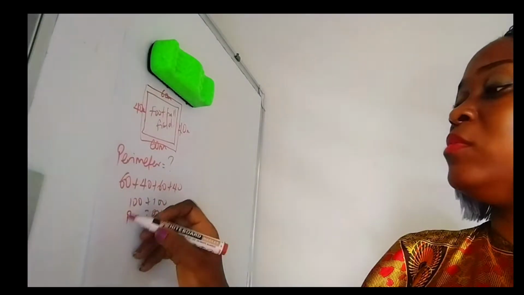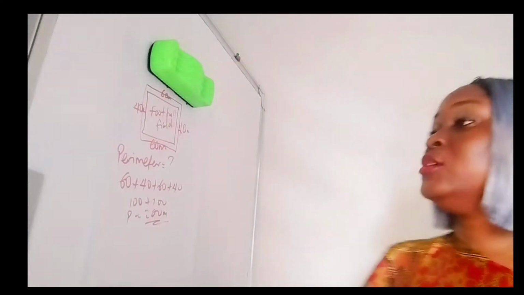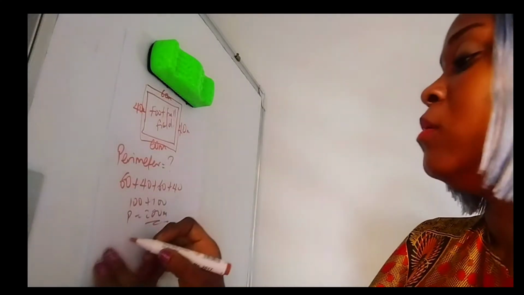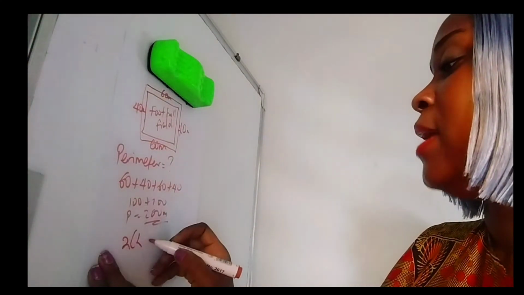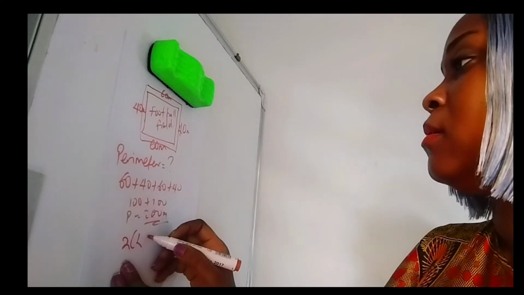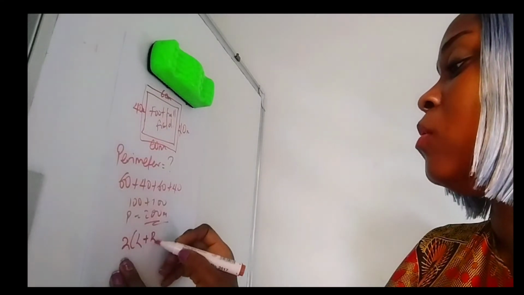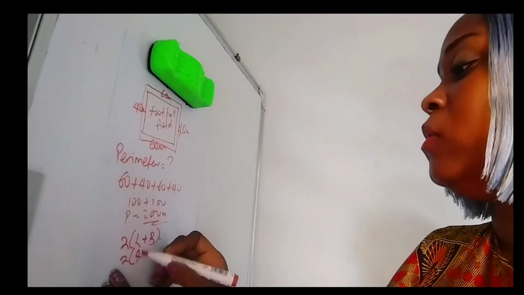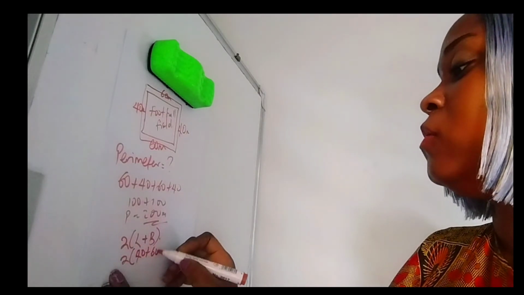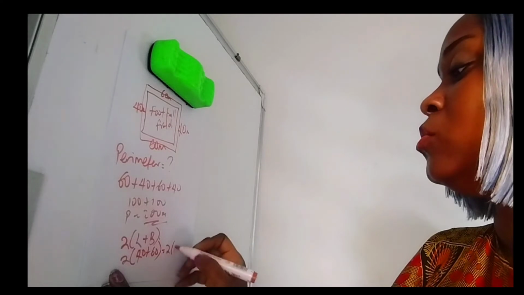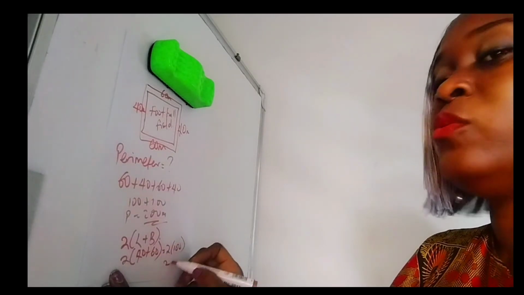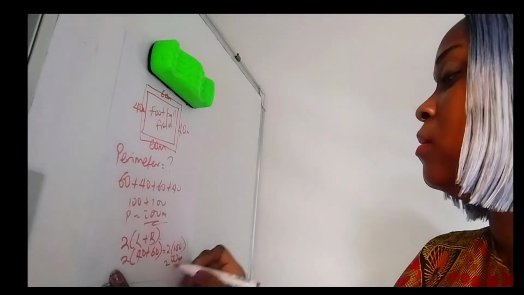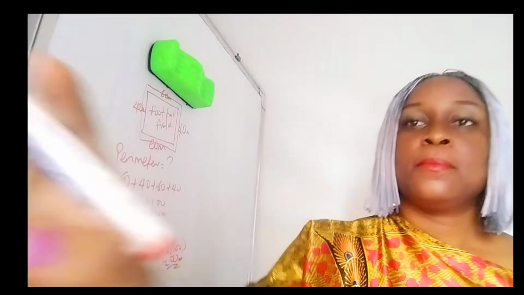So that's our perimeter. Okay, a shorter way of solving it is what? 2 length plus breadth, which is 2 times 60 plus 40, which is equal to 2 times 100, giving us what? 200 meters. So that's it.